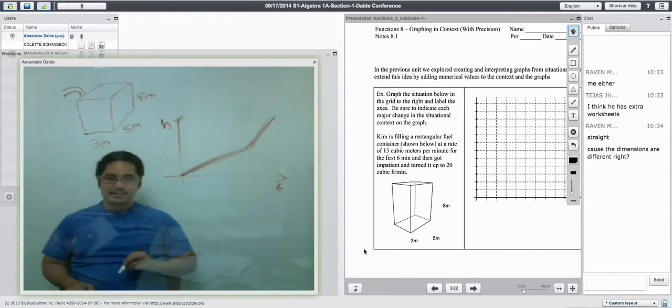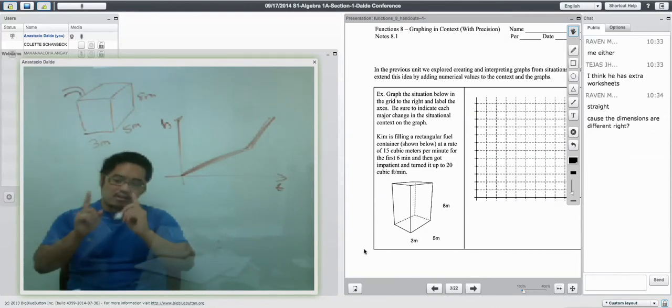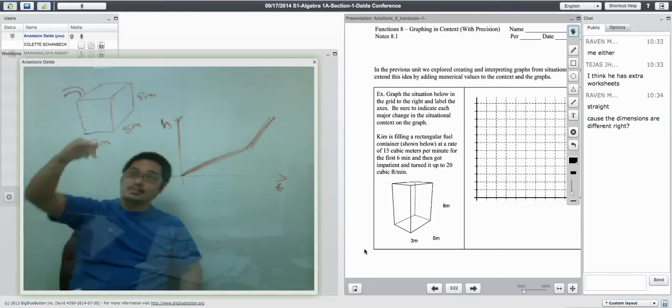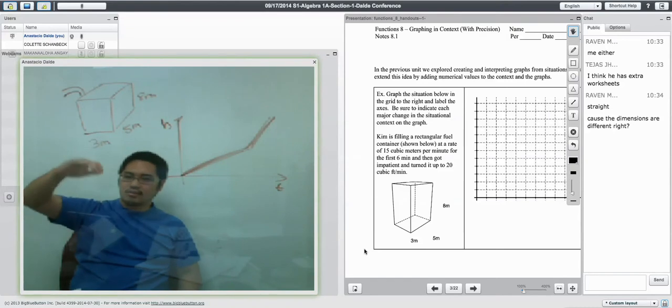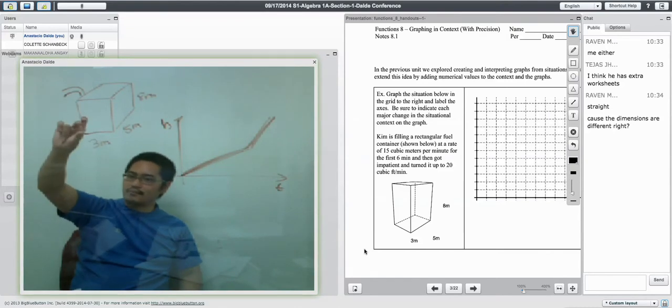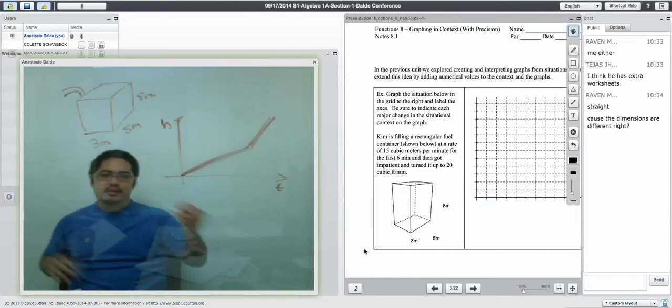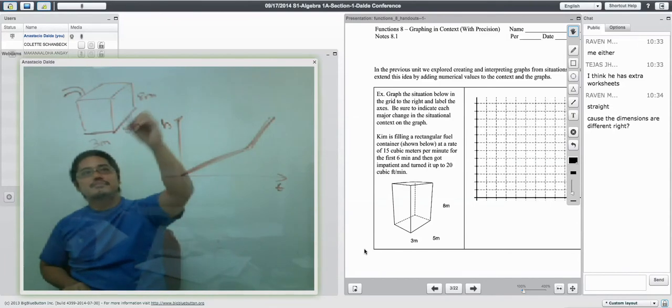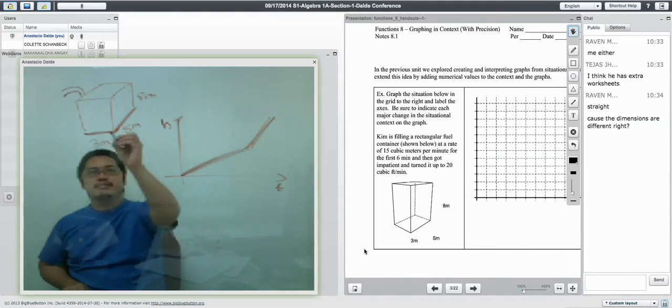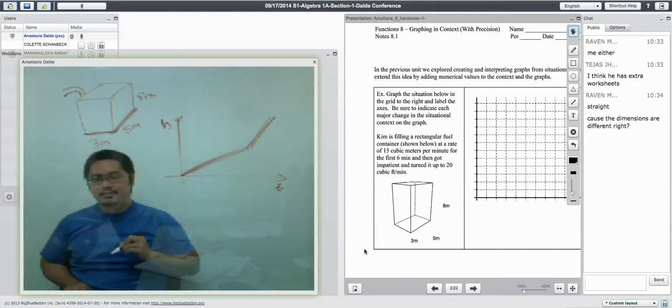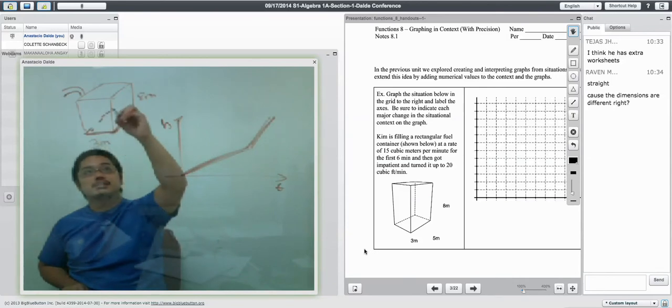I'm sorry. All right. So, how tall was this? If you have 15 cubic meters inside of here, how tall is this thing filled up to? Well, what is the area of the bottom? The area of the bottom is 3 times 5, which is 15.